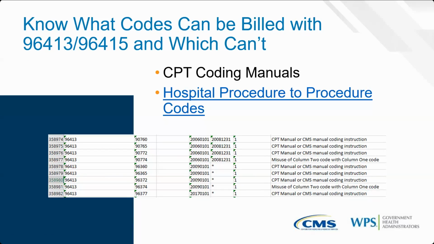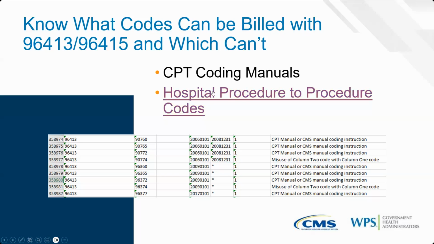In your slide deck, the words hospital procedure to procedure codes are linked. This link is going to take you out to the CMS site, and you can look at those hospital procedure to procedure codes.